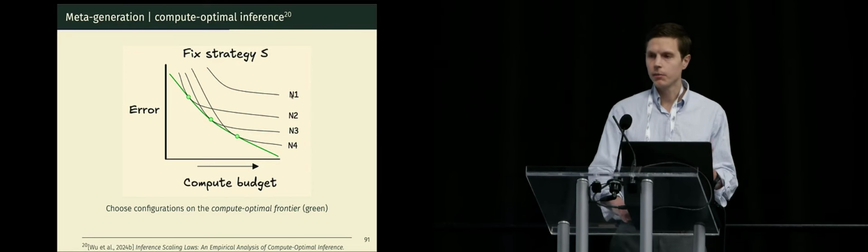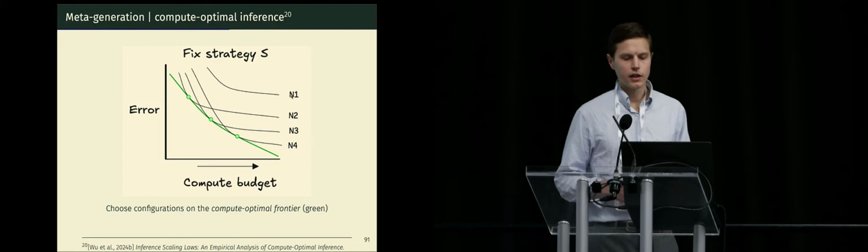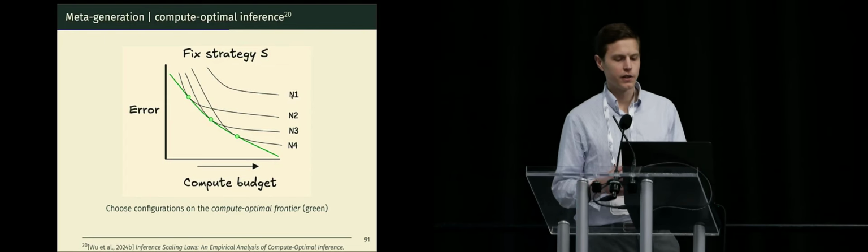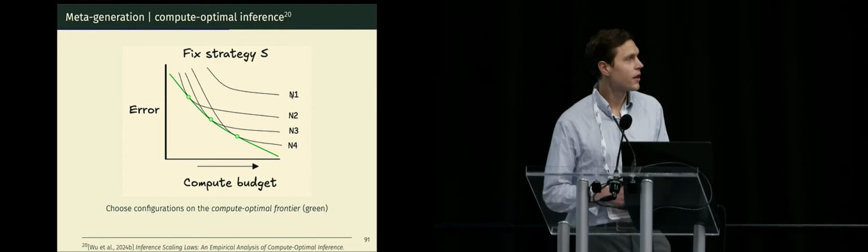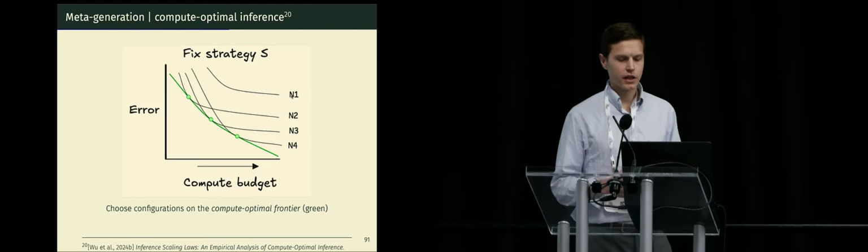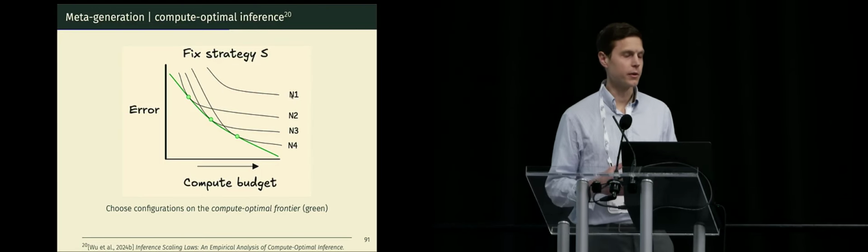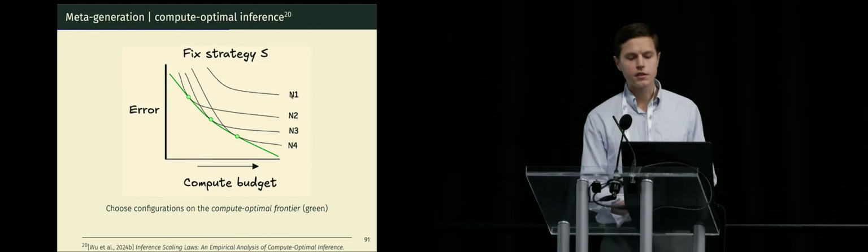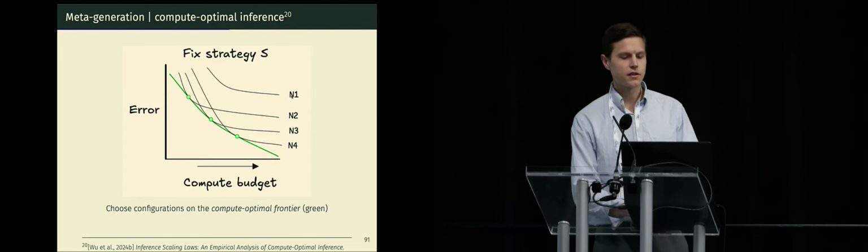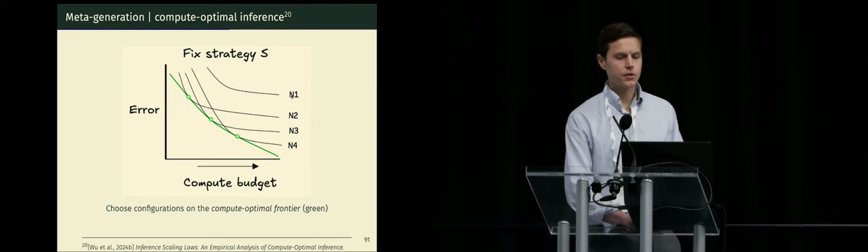Once you have this problem set up, you can try to come up with these different curves that look like this. And if you've seen these kind of scaling curves for pre-training, they start to look somewhat similar. Here you have the compute budget on the x-axis, and then what you can do is try various different configurations.